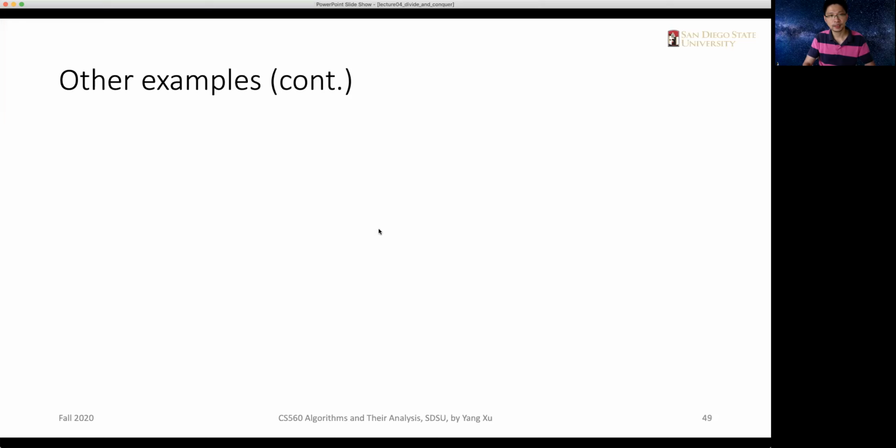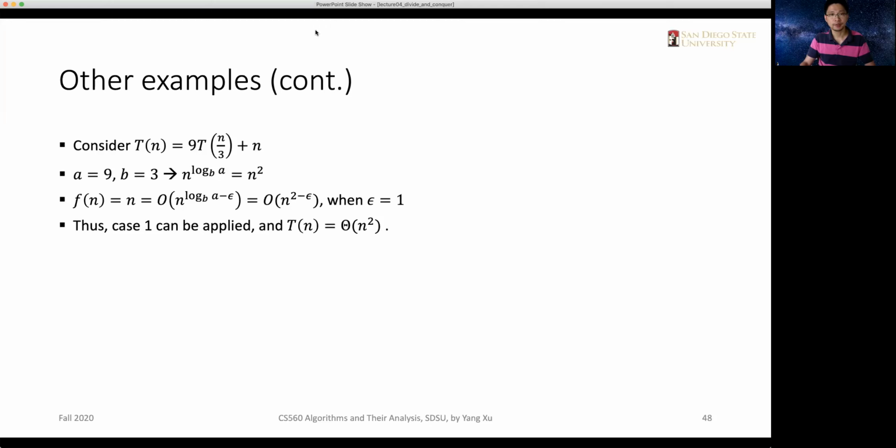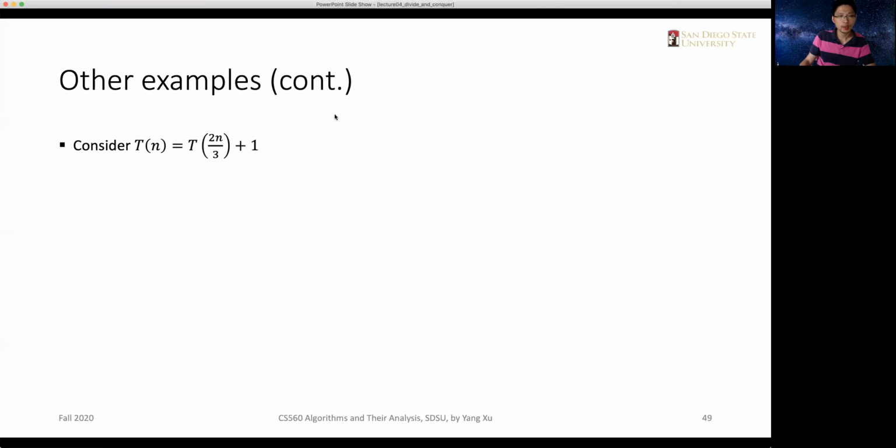Okay, and also we can find the epsilon here, right? Because the quadratic function is polynomially bigger than the linear function, right? When epsilon equals 1, this applies. It's even more true when epsilon is smaller than 1. Okay, let's consider another recurrence.